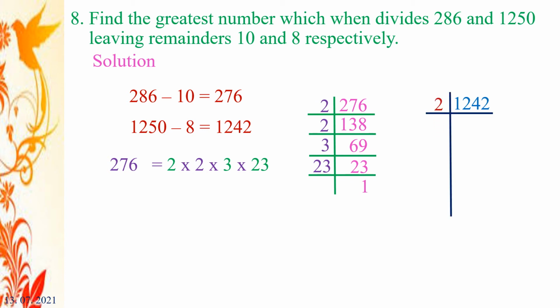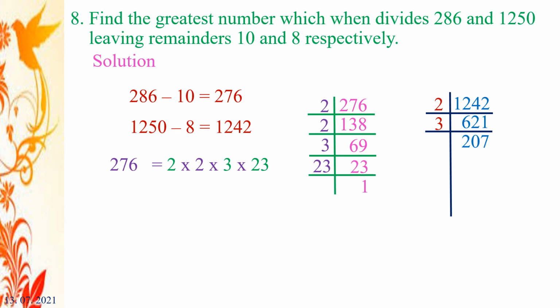Now take 1242. Now we are going to divide by 2 and get 621. Now it is an odd number, so we can take the next prime number 3. So it is divisible, so we'll get 207.